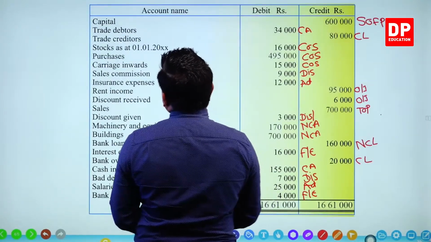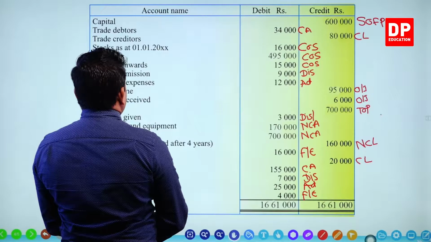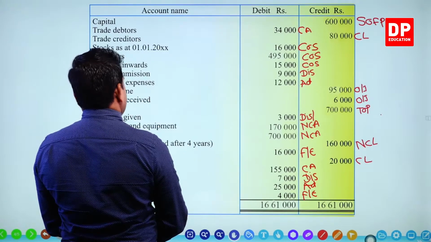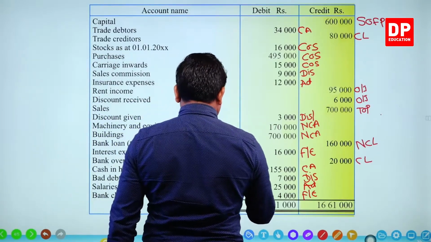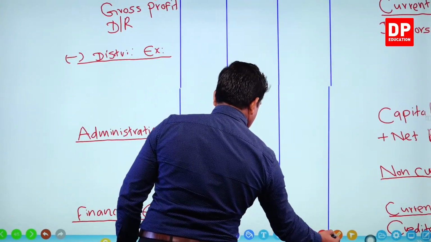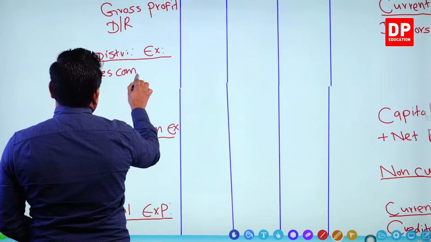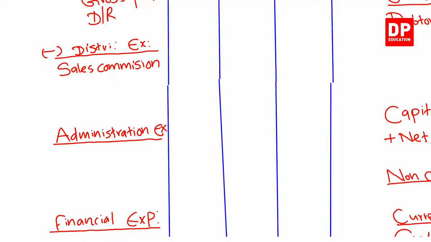Then next, sales commission 9,000, insurance expense 15,000.